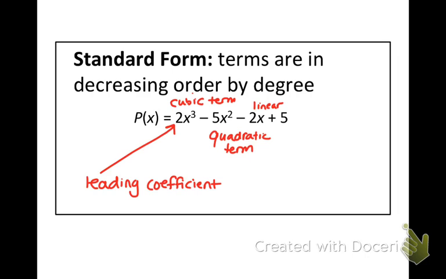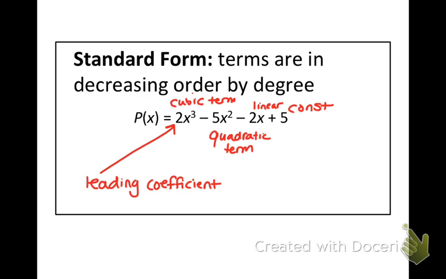The 5 has a degree of 0. So it would be none. Linear. Now think about that. If I had to graph the line y equals 5, what does that look like? It's just the line crossing at 5, right? The slope is 0. It's a horizontal line.